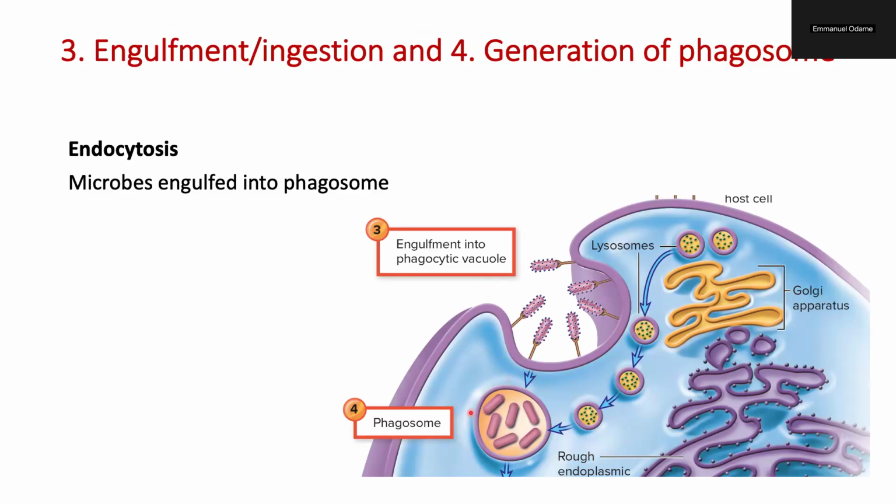Once it engulfs it, it forms these phagosomes, which are basically vesicles wrapping around the bacteria within the white blood cell itself. And then there has to be a secretion of lysosomes from the Golgi. So this stage I just described is the engulfing or ingesting stage and the generation of phagosomes.